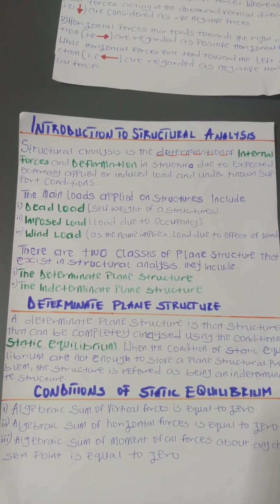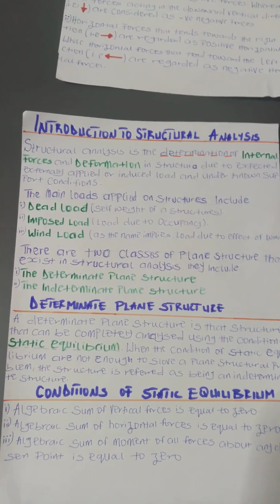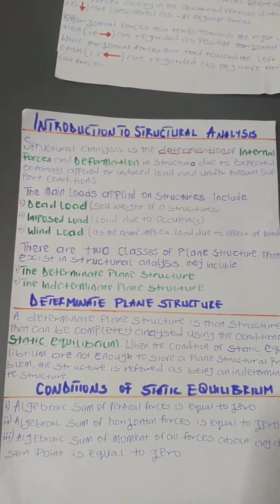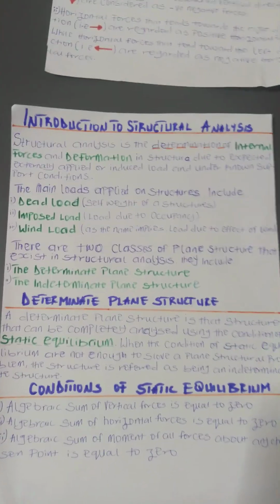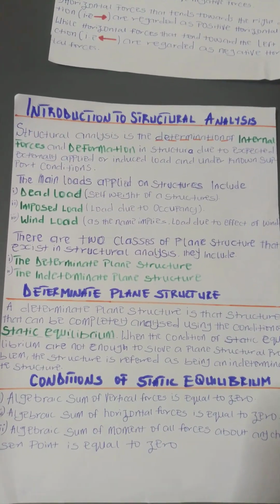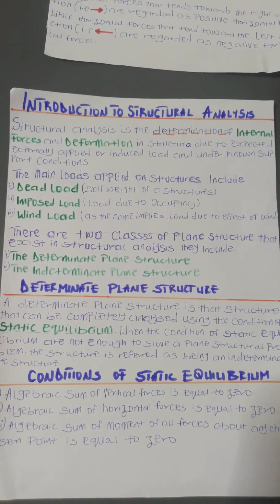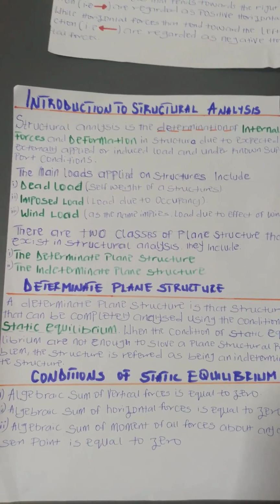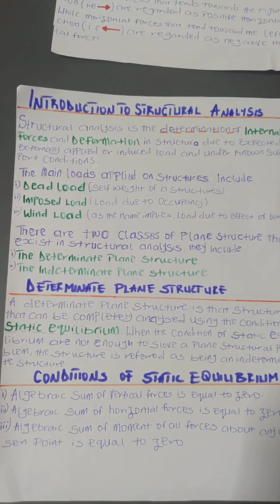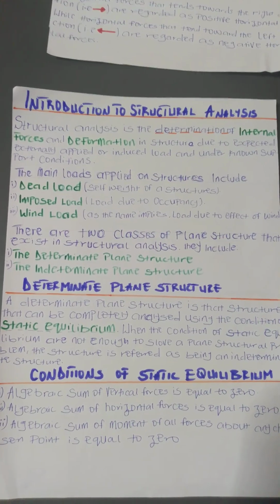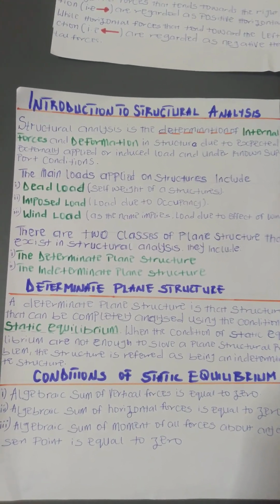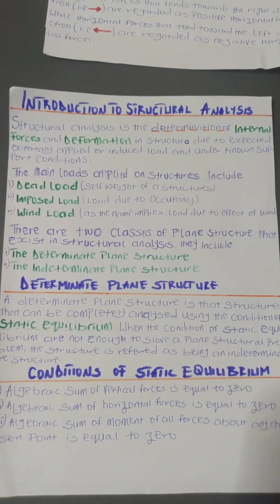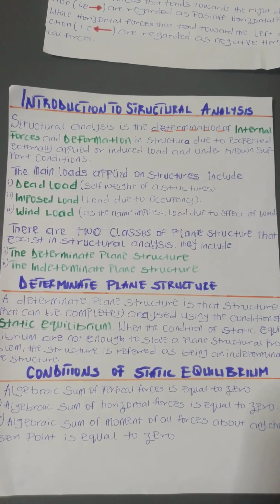Any load that is not part and parcel of the structure, so that it can be mobilized, is classified as imposed load. But the core weight of the structure itself is the self-weight of the structure. Now we have the wind load, as the name implies, load due to wind effects.